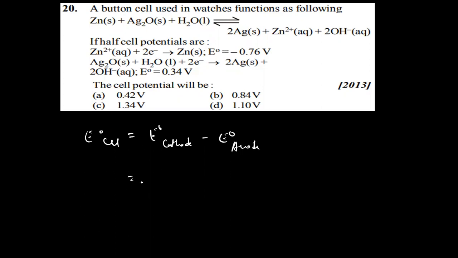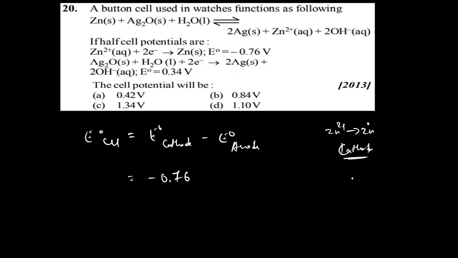So here, minus 0.76 volt, because at the cathode we can expect reduction. In this half-cell potential, they have given Zn2+ is reduced to Zn with zero oxidation state. Reduction takes place at the cathode, so that minus 0.76 is considered as E naught cathode.